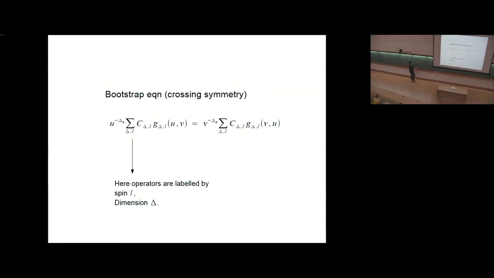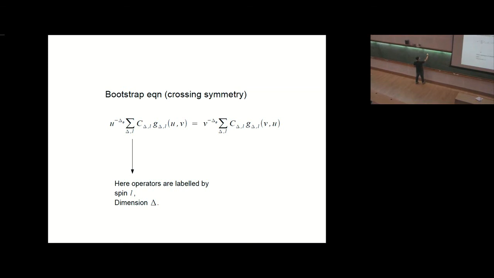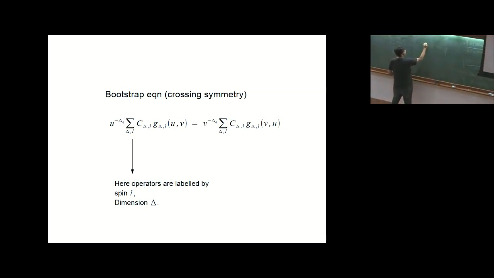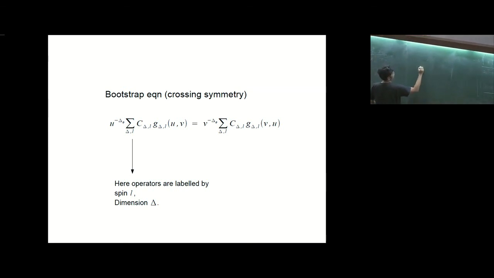These are the cross ratios, and I have the dimension delta, the spin I call L, and there's another quantity I'm going to refer to, which is called the twist, which is tau equals delta minus L.